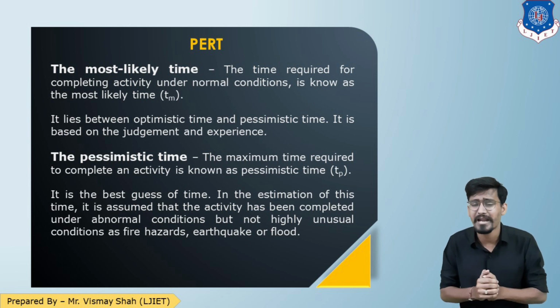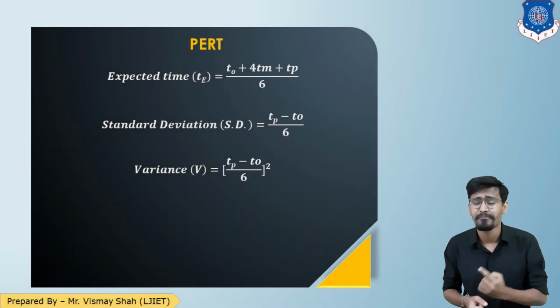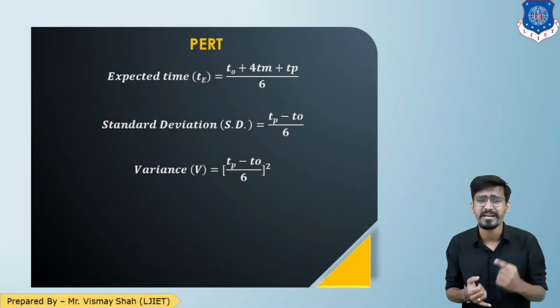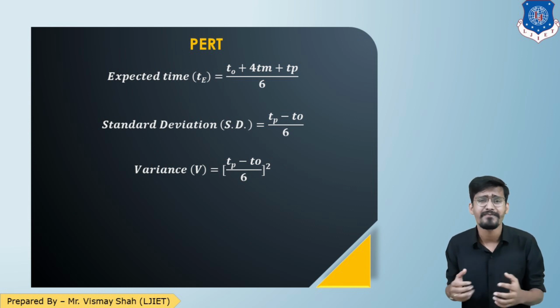The formula for expected time is TE equals TO plus 4TM plus TP, divided by 6. That is the formula for expected time. Along with that, there are 2 more formulas.